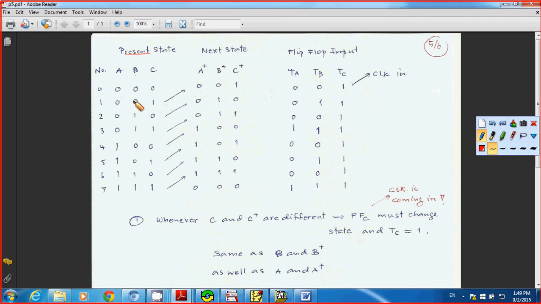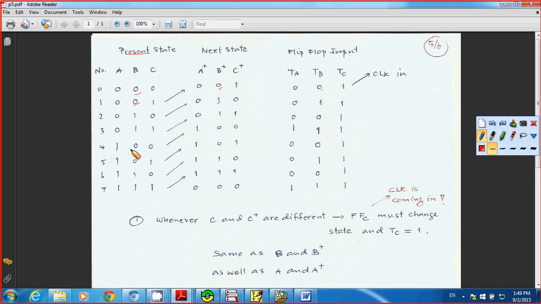Now let's take a look at the first one here. Number 0. You have B 0 and it still becomes 0, so that's why you put 0 here. And then for number 1, the present state of B is 0 and the next state is 1, so B has changed the state, so that's why you put 1 here.